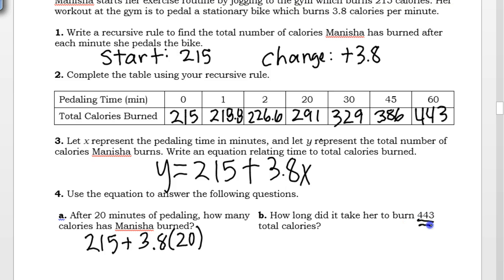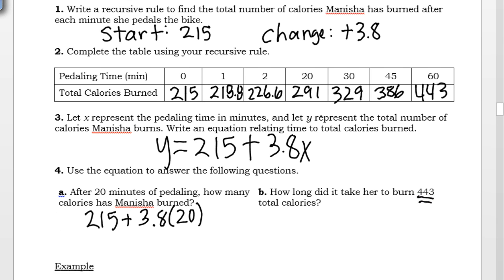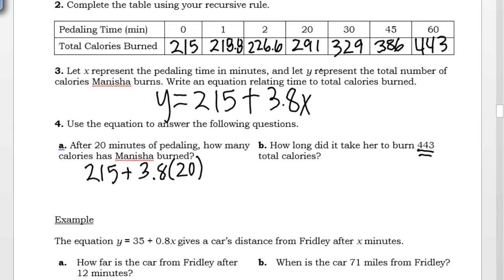But we can use our solving skills to get that answer. I would substitute 443 in for y and solve this equation. Subtract 215 from each side of the equation.